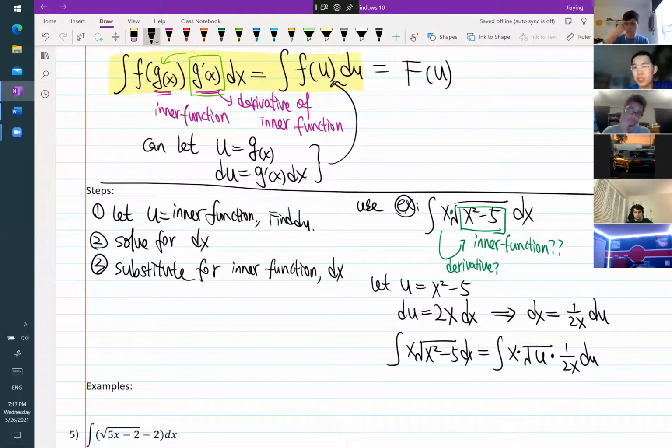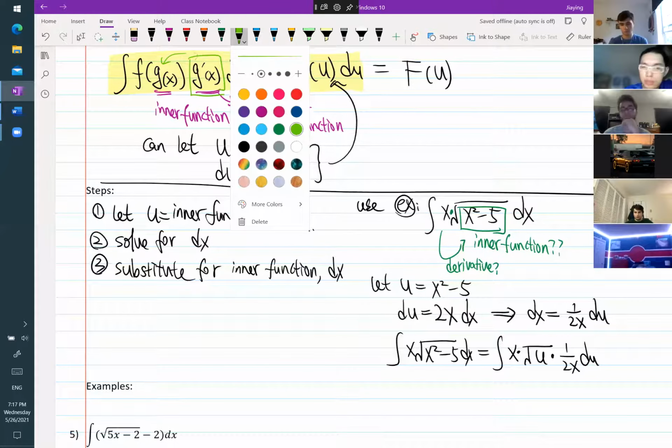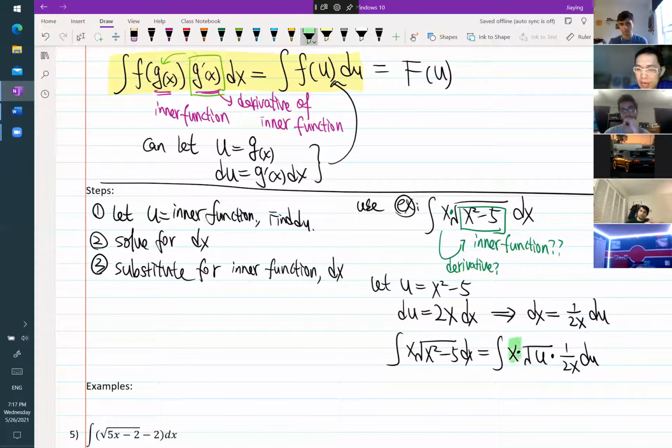That's really nice because if you notice, we have an x here, and then we have 1 over x, the x in the denominator. So if we multiply those together, the x will go away, which is good. So we end up integrating square root of u, and then we have a 1/2, but I always put the constant outside. So I'm going to put 1/2 in front.